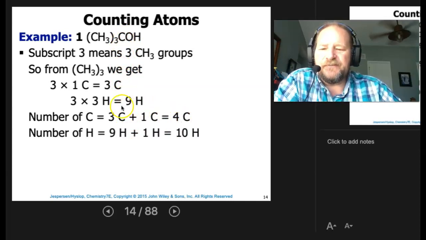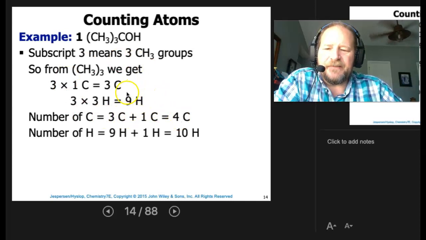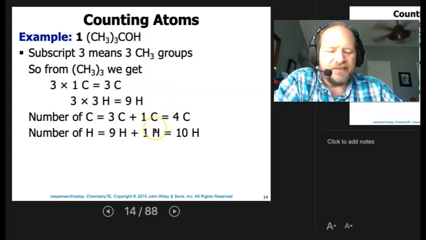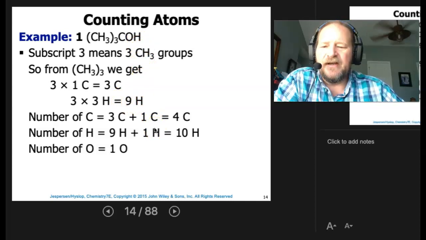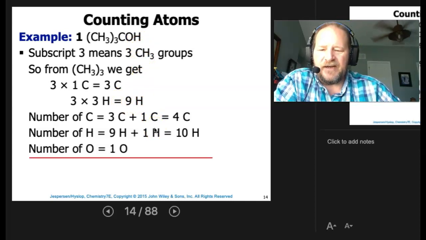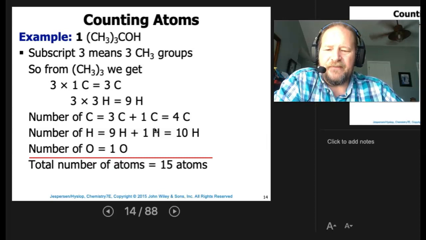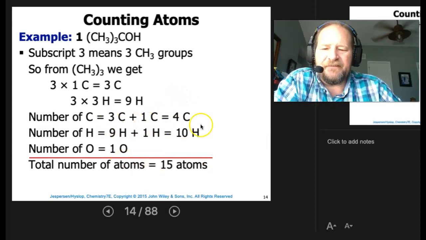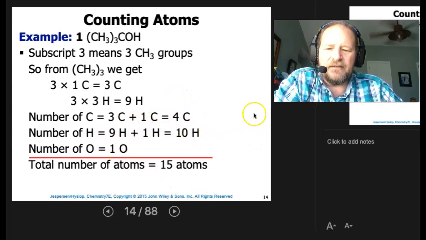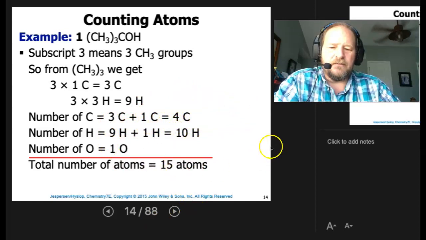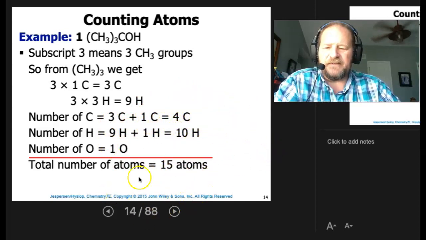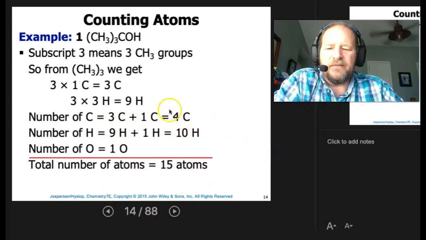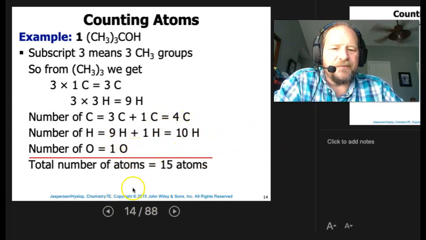For the hydrogens, we know we have 9 hydrogens tied up in the CH3s, and then we have 1 hydrogen here in the formula, so that's going to give us 10 hydrogens. And then last but not least, we have 1 oxygen. So altogether, we'd have 15 atoms, right? We have 4 carbons, 10 hydrogens gives me 14, plus 1 oxygen would be 15.